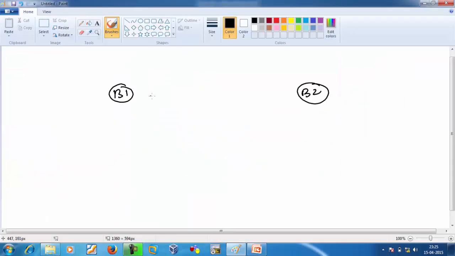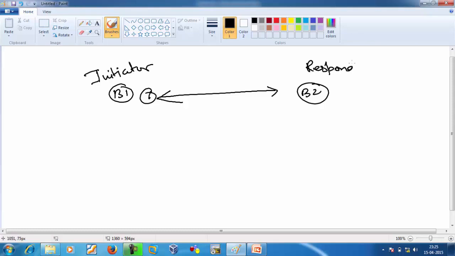For example, first, branch 1 will send its proposal to branch 2, and branch 2 will send its proposal. The one that sends first is called the initiator and the other is called the responder.